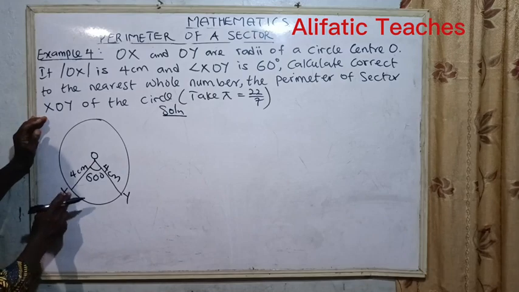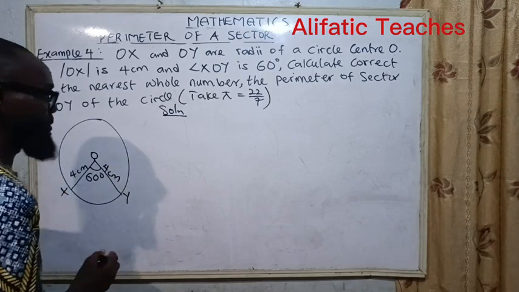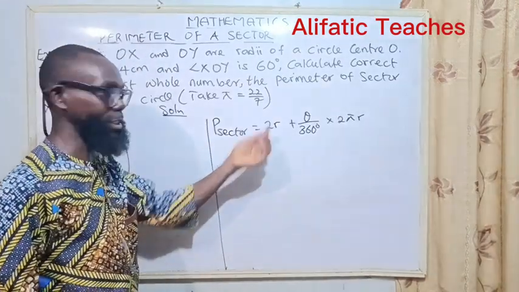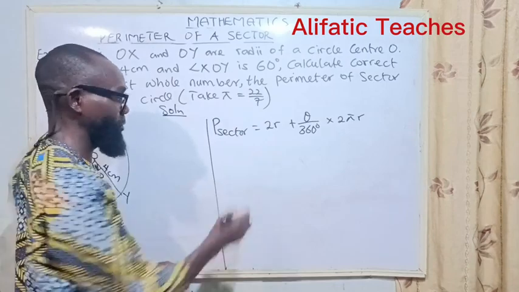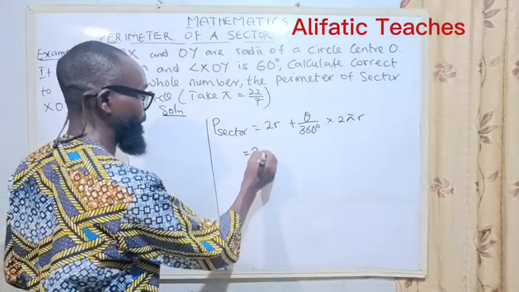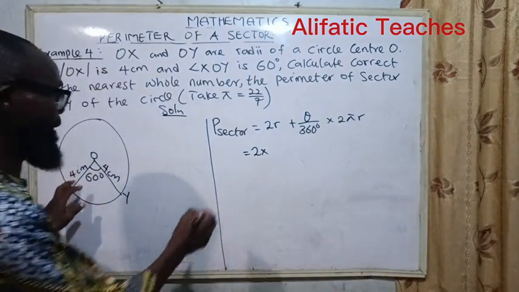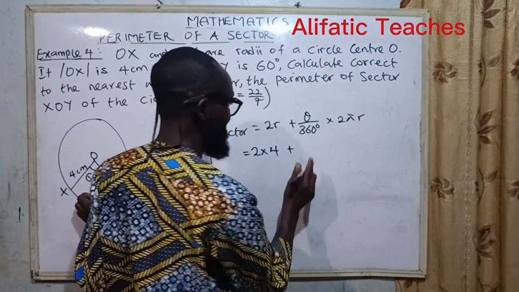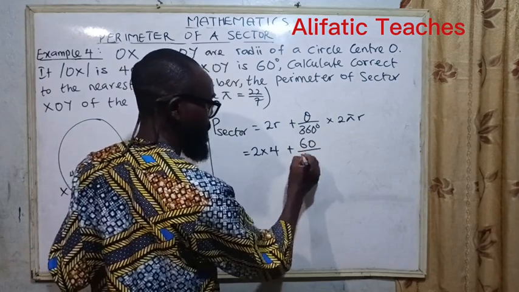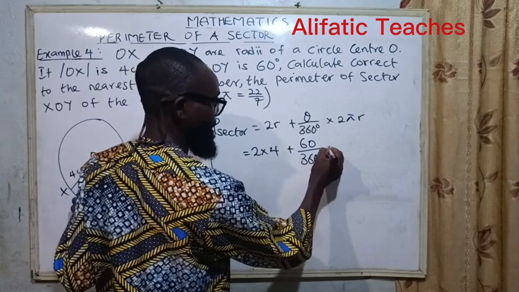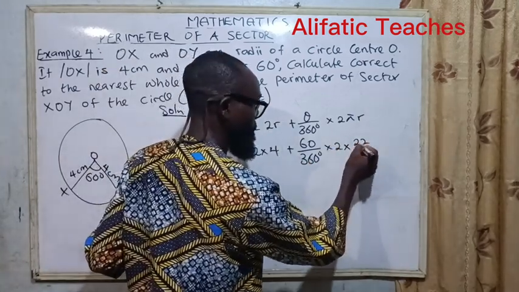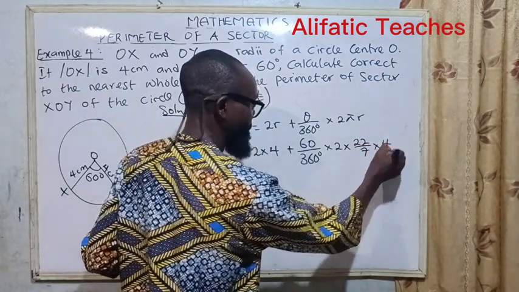Sector XOY, the perimeter. We know that the perimeter of a sector equals 2r plus theta over 360 times 2 pi r. So 2 multiplied by the radius given to us, that is 4, plus the angle subtended at the center, 60 over 360 degrees, times 2 times the pi given to us, 22 over 7, our radius is 4.